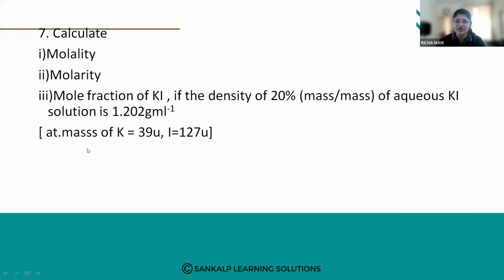Okay, so now this is based on the expression of concentration. So I have taken a problem in which we are going to see molality, molarity and mole fraction all together. So this is the problem.